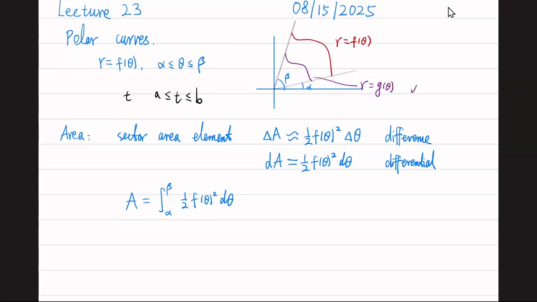Again, alpha, theta, beta. Now I want to find the domain between them. Could you give me a formula for the area of this part? The total area for f is this.